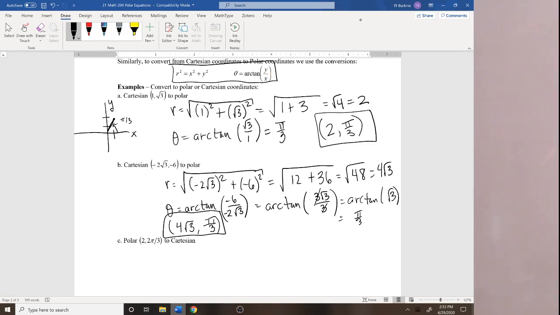So the point I'm trying to make is that if you overlay the Cartesian and the polar planes, the points that you find should overlap. So for instance, this one right here says negative 2 root 3 and negative 6. So negative, negative would put me down in this quadrant. x would be somewhere out here, and y is negative 6, so it'd be somewhere down there.